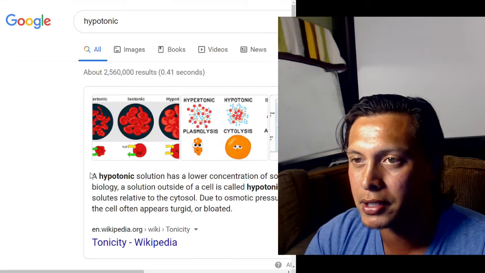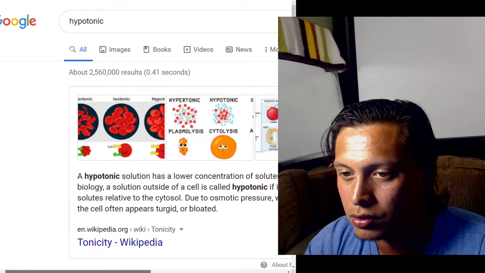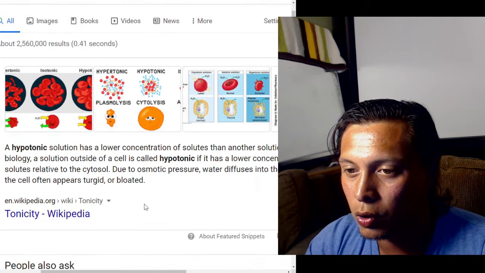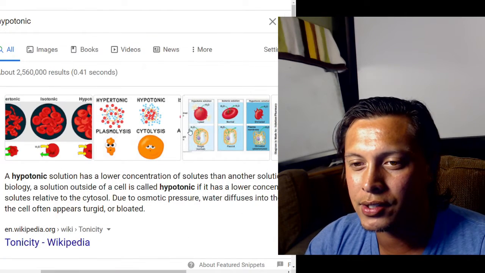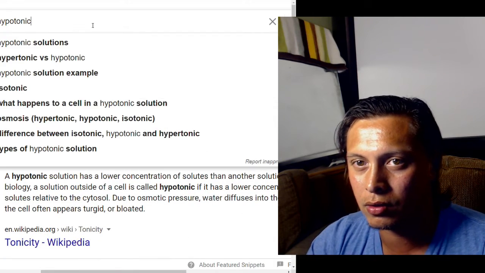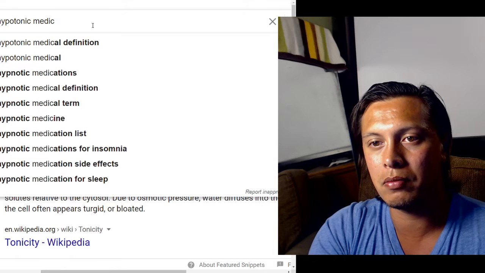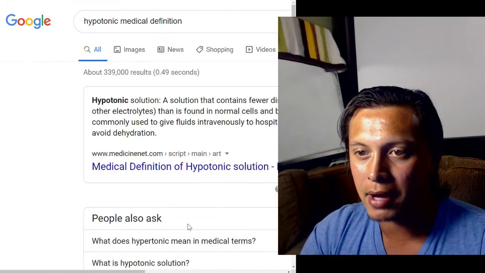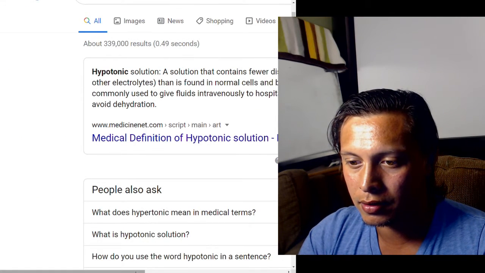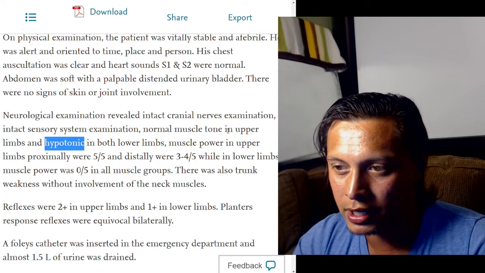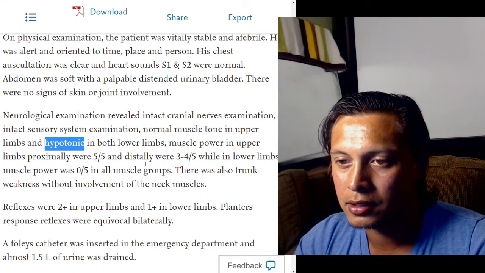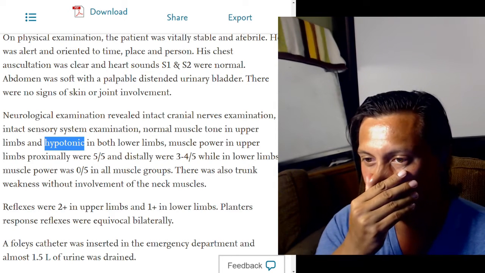So what is hypotonic? So lack of tone? I'm going to look up the medical definition just so that I'm not wrong.